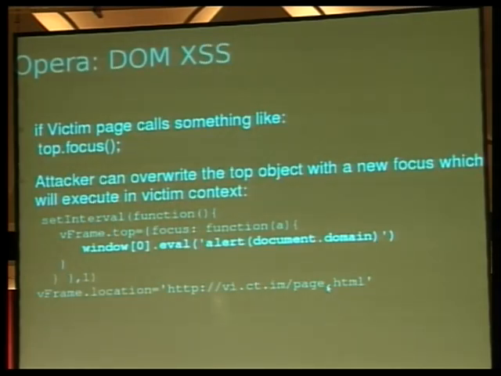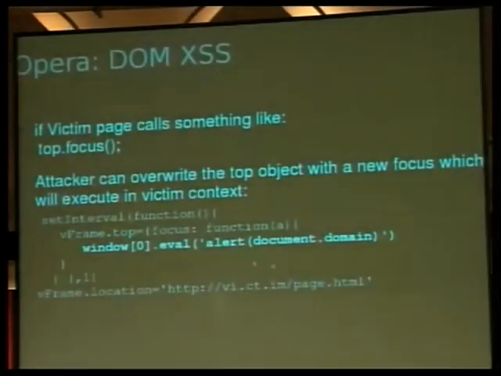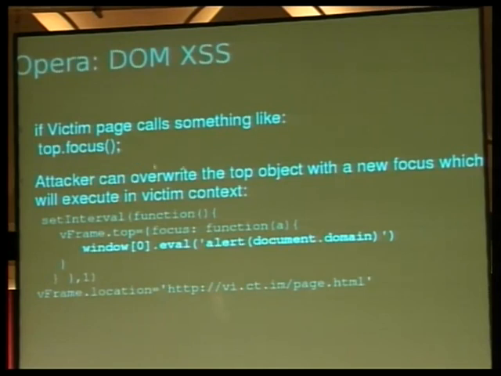Another interesting thing is that since you can overwrite the top object, you can redefine methods. And since you can redefine methods, there's this nice code that gets executed in the victim context. So if the victim just called top.focus, the method is executed in the victim context.